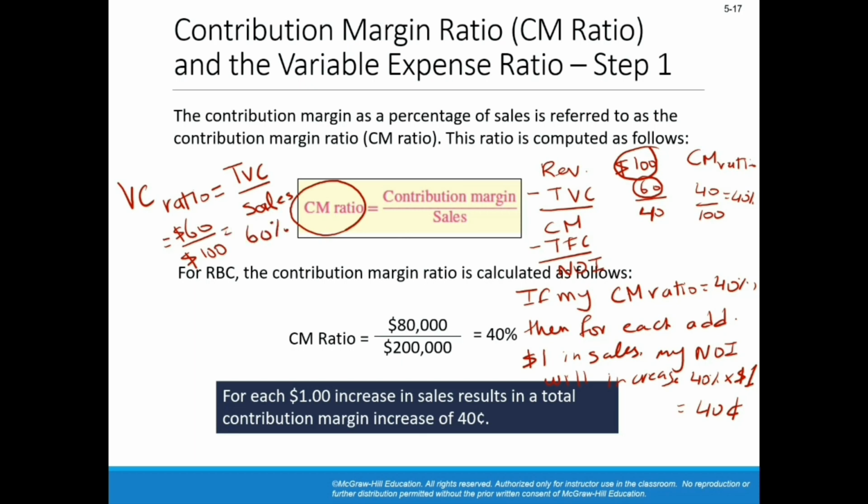So what can we conclude from that? This means that the VC ratio plus the CM ratio is equal to 100%, or in other words, equal to 1. Basically this is divided into two parts, the cost and the profit. The CM is the additional profit, and the cost is the total variable cost.